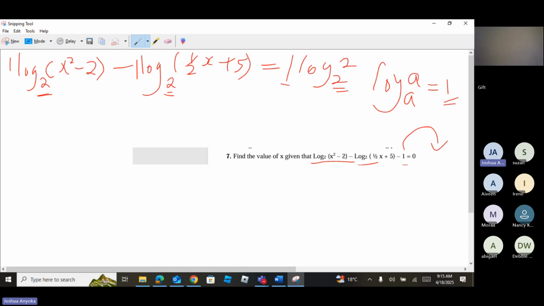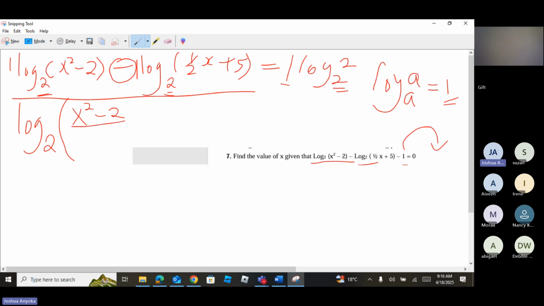Now we can factor out log base 2. On this side, we can factor out log base 2. So log base 2 of x squared minus 2, because of this negative sign, it means the two numbers were divided, over half x plus 5.